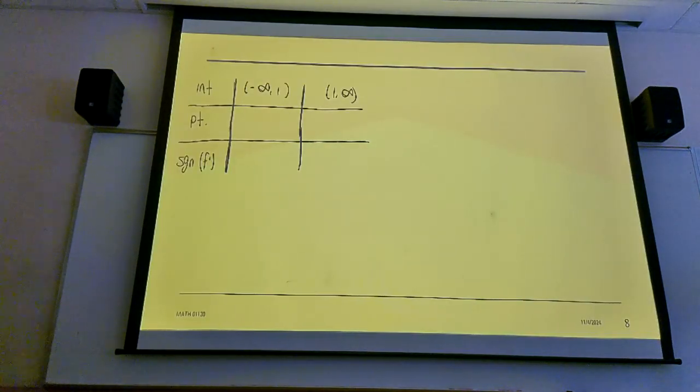Pick any point within the interval. Zero is the easiest point. Pick a point in the second interval. 10 is also, generally speaking, an easy one to work with. It doesn't matter, you can use any point you want.